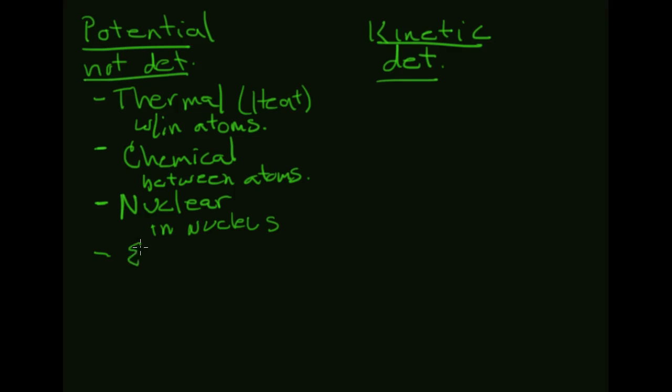We have electrical energy. So nuclear deals with protons and neutrons and how they're stuck together. Electrical is about electrons, right? So this is the movement of an electron, usually through a circuit or through some sort of media. We have elastic energy.